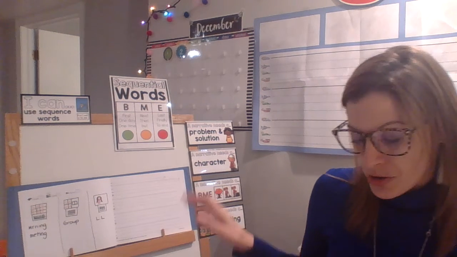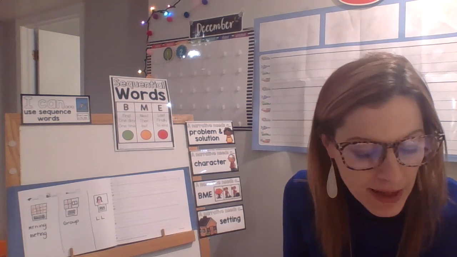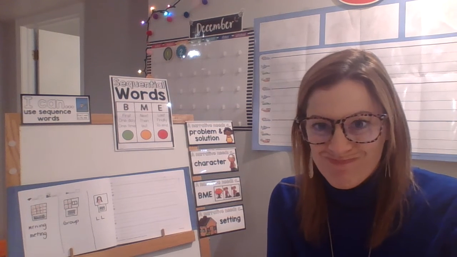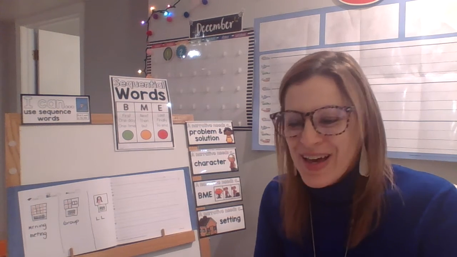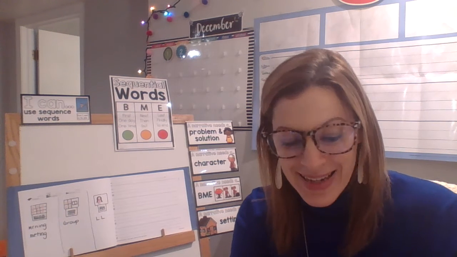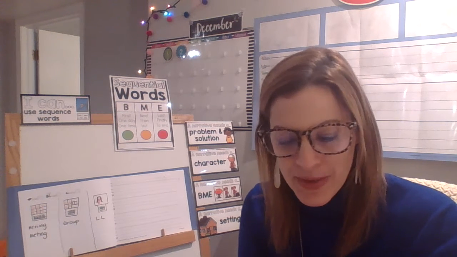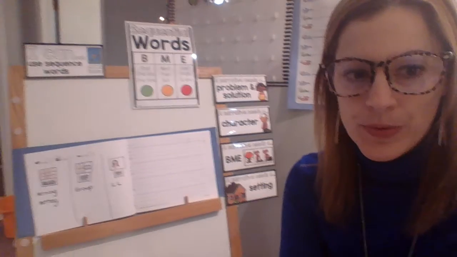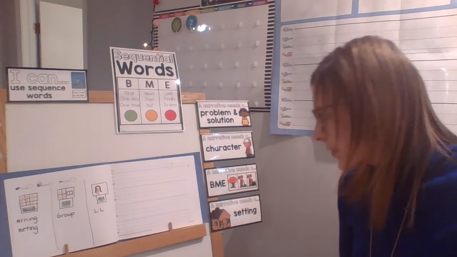So your picture can be done in marker or crayon or whatever you choose, but our actual, sorry, my markers just fell. Our actual writing needs to be done with pencil, okay? So I'm going to bring you closer to me so you can see, and we're going to write.